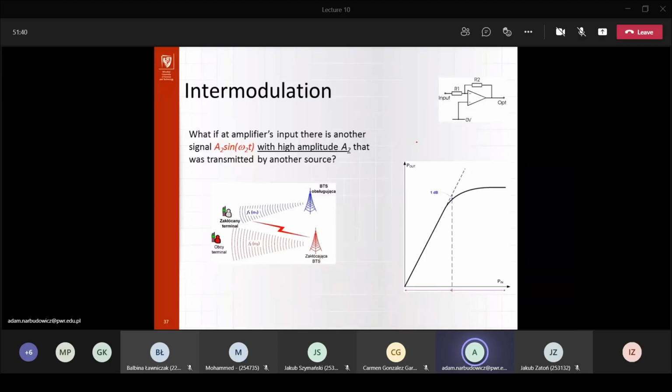Basically, what will happen is that you will see your signal multiplied not only by integer multiples of a single component, but also by the combinations of sum and difference of the two signals. And this is actually what we use in the mixer to get the modulation, to get the multiplication of the two signals.